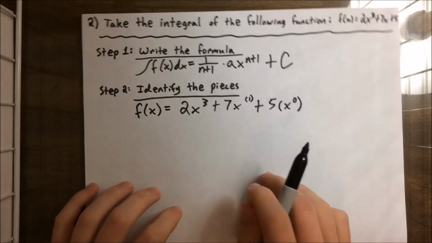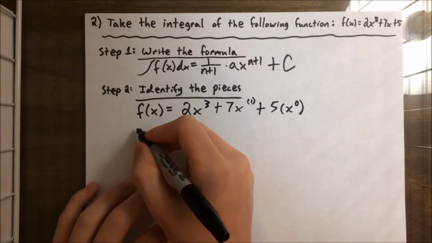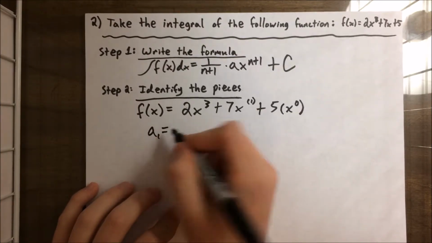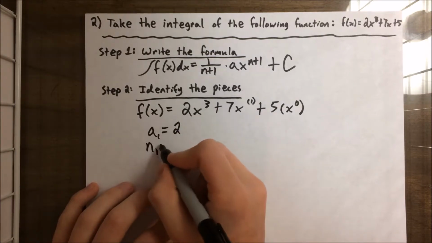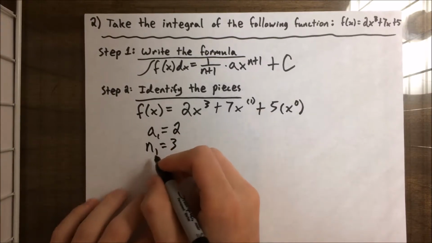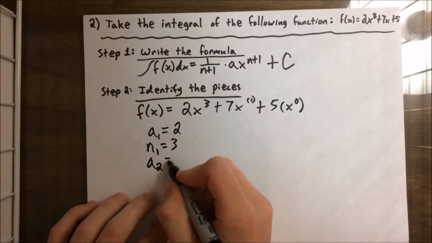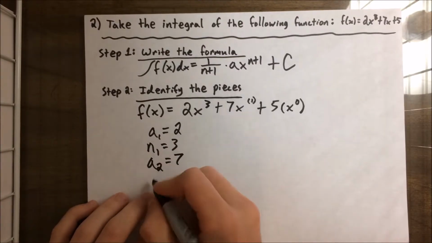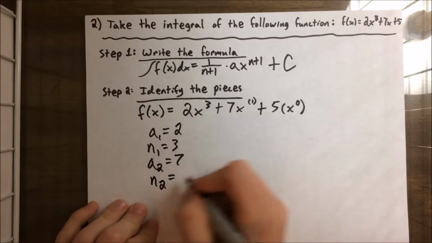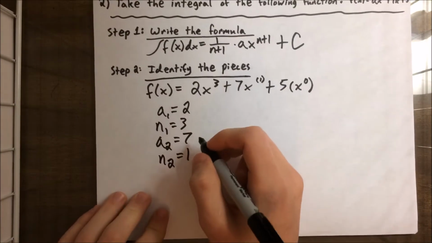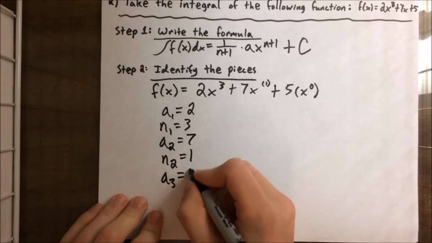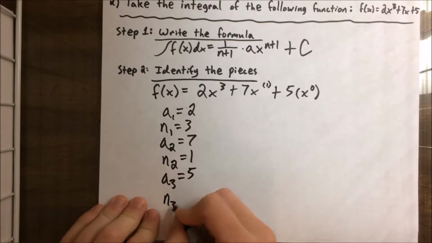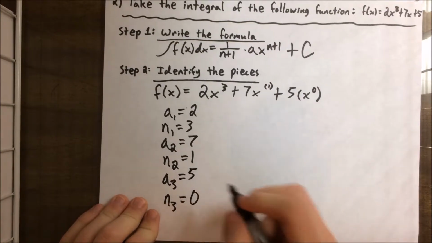Just so you see what every term is. So let's start with a1 is equal to 2, n1 is equal to 3, a2 is equal to 7, n2 is equal to 1, a3 is equal to 5, and n3 is equal to 0.